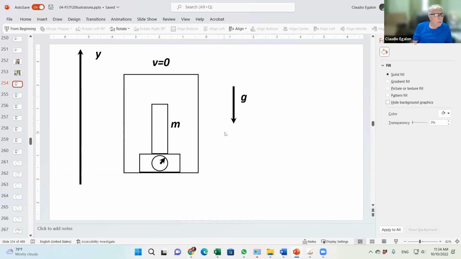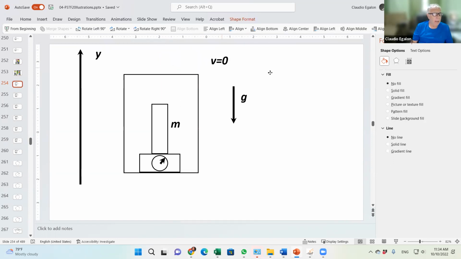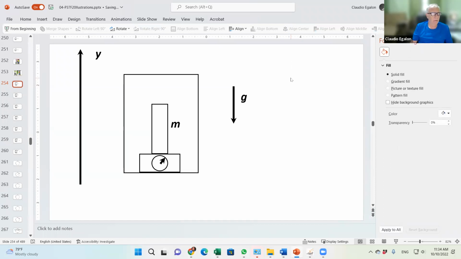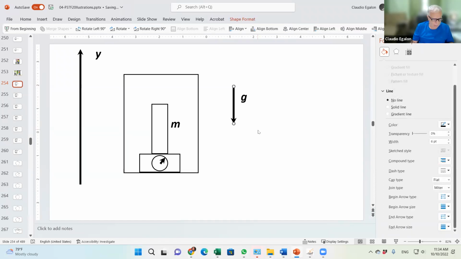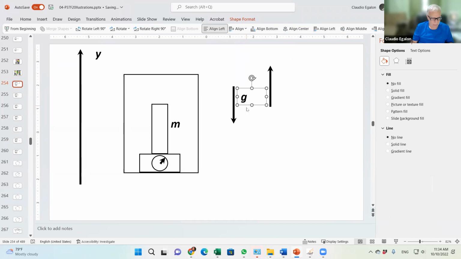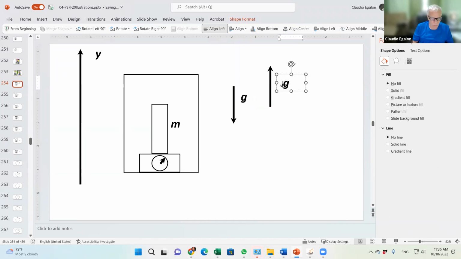Okay, so here you go. We have the acceleration of gravity, and for this problem, not only do you have this acceleration of gravity, but the elevator is also accelerated upwards with an acceleration equal to g, 10 meters per second square.